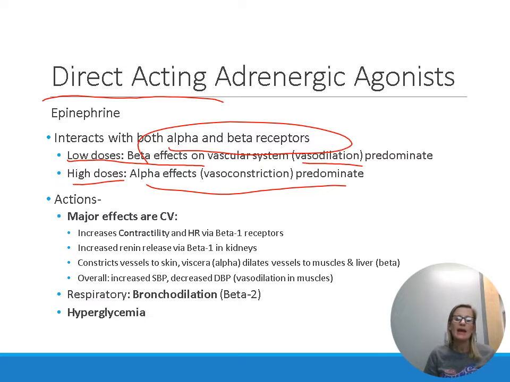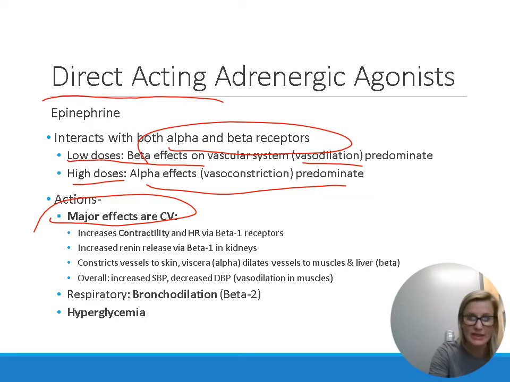When we look at epinephrine, the major effects of epinephrine are cardiovascular. We see that by binding to beta-1 receptors on the heart, it increases contractility and heart rate. Increasing heart rate means it's what we call a positive chronotrope.